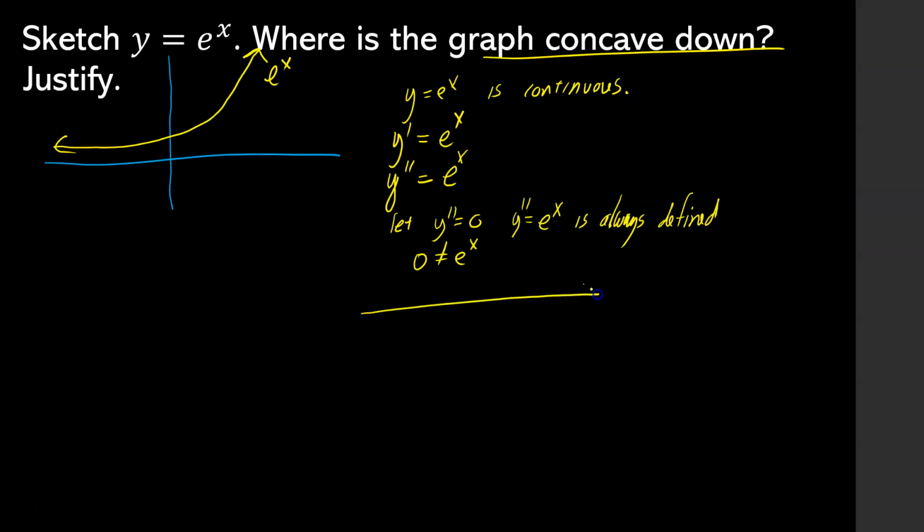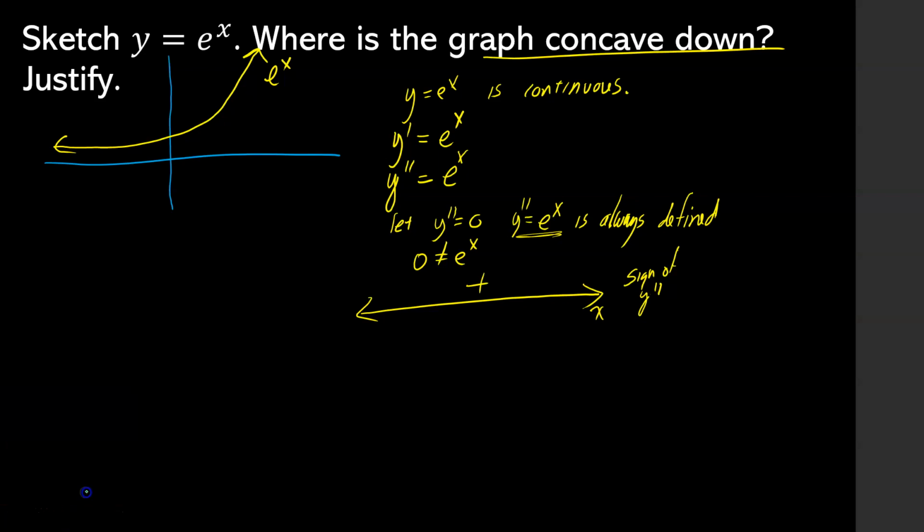Okay. What does that mean about the sign chart we're going to create? Well, without any critical values, y double prime can't change sign. So choose any number you want, put it into e to the x, y double prime is e to the x, and you get a positive number. Well, what does that mean about where e to the x is concave down?